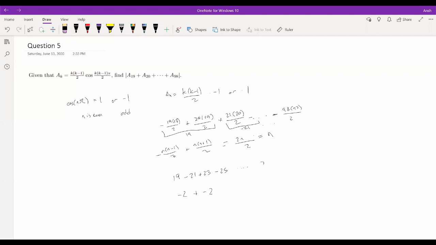And in total, there are 98 minus 19 plus 1 over 4 such pairs, which is equal to 20. So our sum is equal to negative 2 times 20. And we want to find the absolute value, so this becomes the absolute value of negative 40, which is 40.